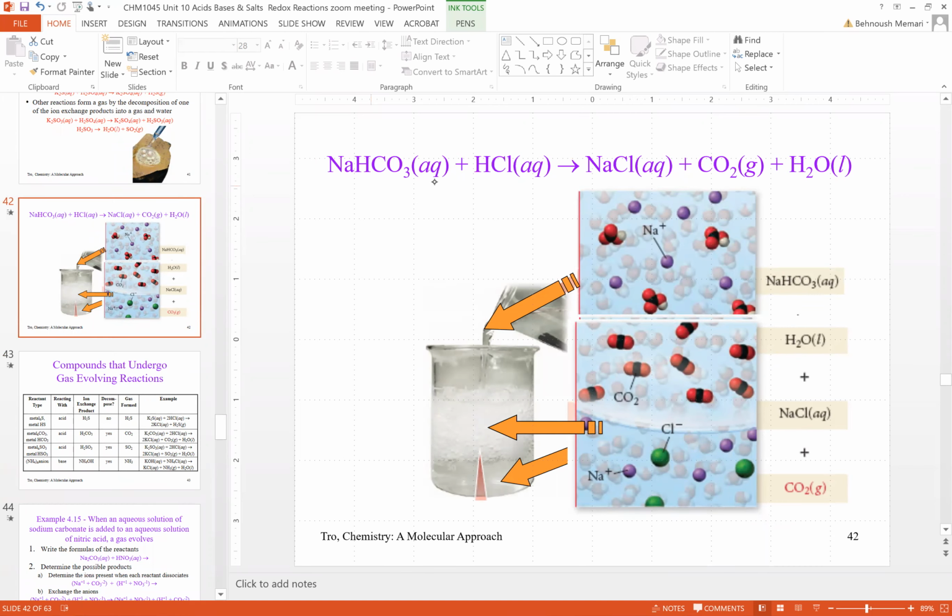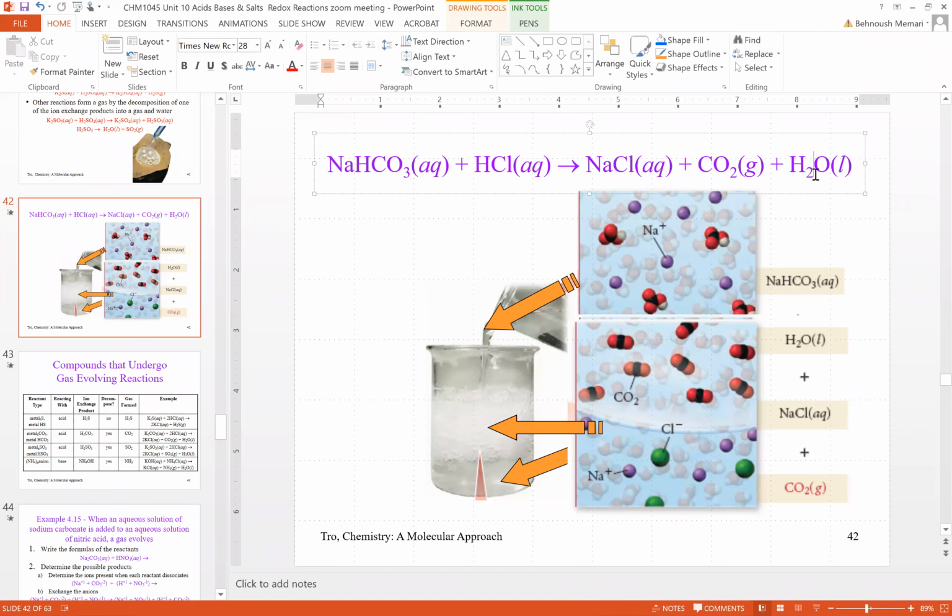Carbonate and bicarbonate plus acid gives carbonic acid, and because carbonic acid is unstable, it would decompose to CO2 and H2O. The carbonic acid, H2CO3, is a combination of these two, but since it's unstable, it decomposes and gives gas molecules.